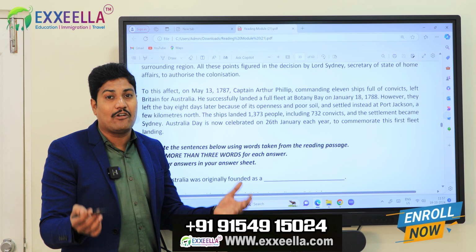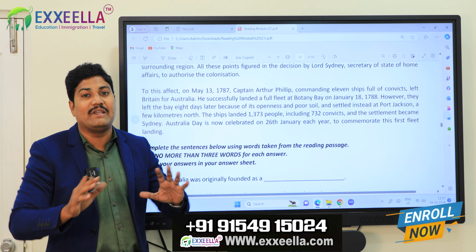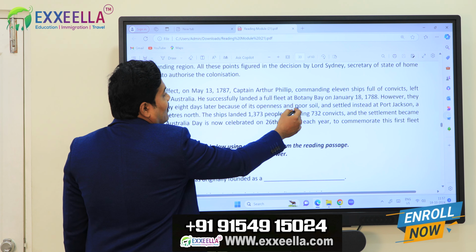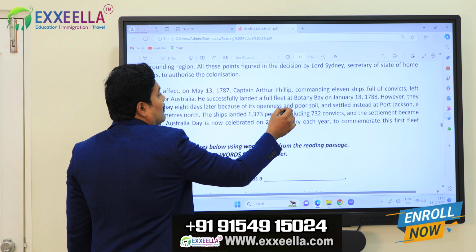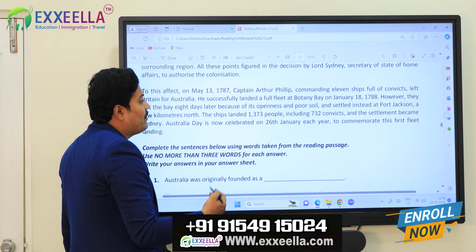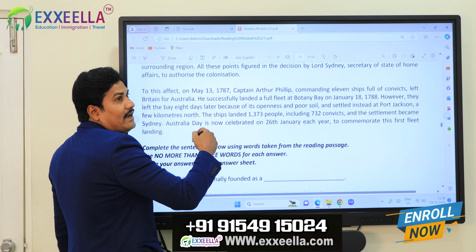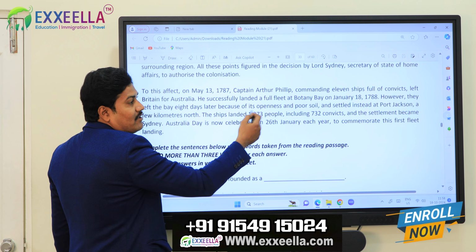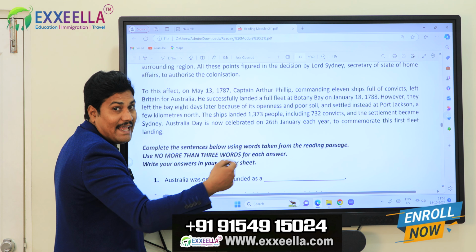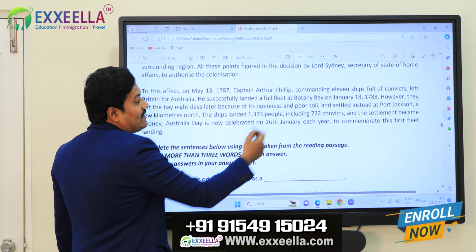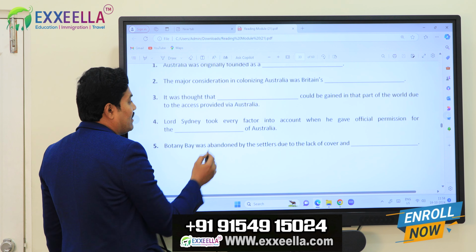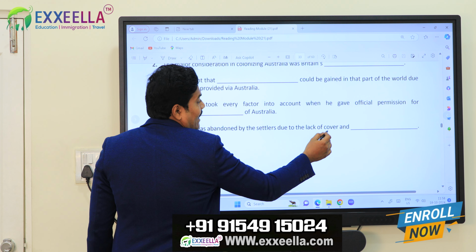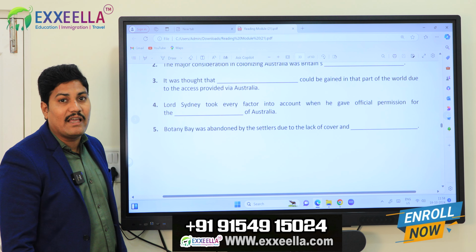Openness means lack of cover, something which is not covered properly, that means open. And the answer is poor soil, because when you have the blank before or after "and", you can get the information. Openness is the information before "and", so we need to concentrate on the information after "and". The next information is poor soil. So the answer is poor soil.